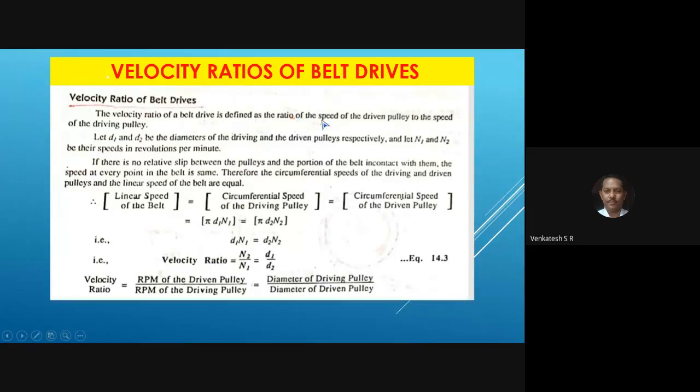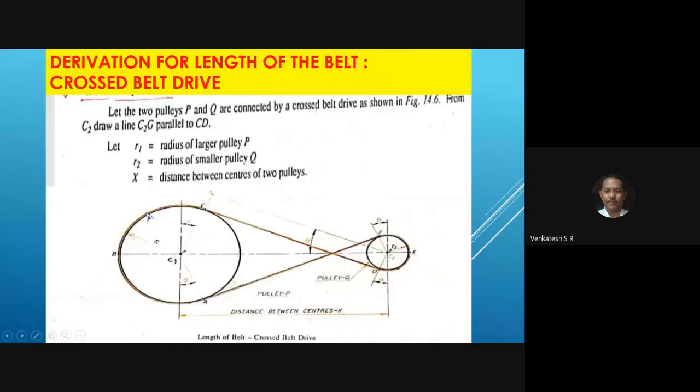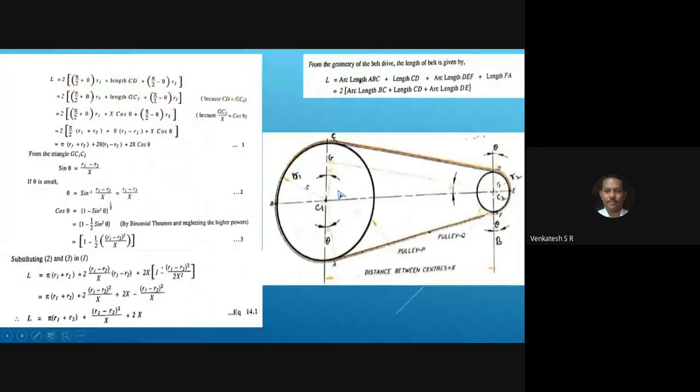the ratio of the speed of the driven pulley to the speed of the driving pulley. You can understand it like this: say this is the speed of the driving pulley and this is the speed of the driven pulley.